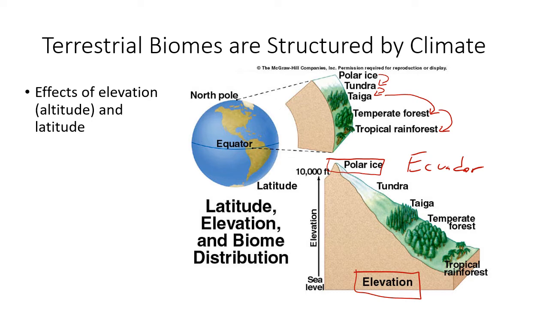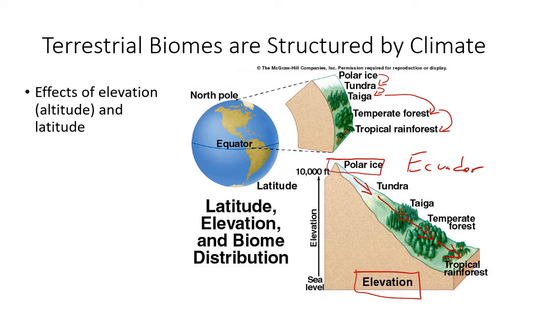You're going to have polar ice at the equator because it's so high up. Just below that, you're going to have tundra. Then you're going to transition into a coniferous forest, and then into a temperate forest. And then once you get down low enough in elevation, you're going to be in a tropical rainforest.